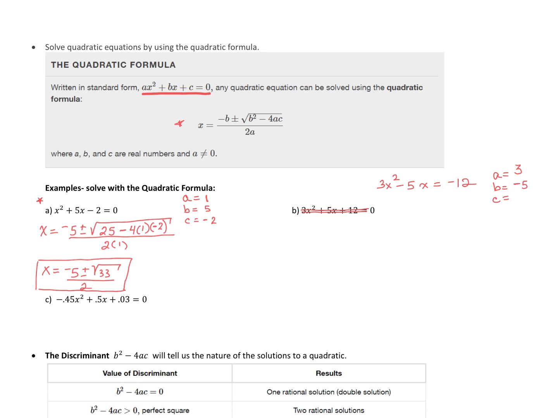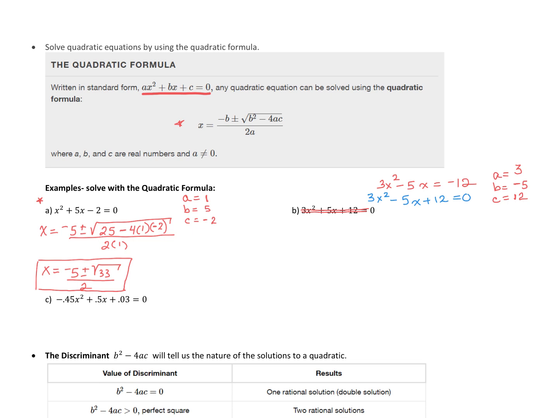Oh, I can't identify my c yet. The first thing that we should do is set this equal to 0. So 3x squared minus 5x, we'll add 12 to each side and set it equal to 0. Once it's set equal to 0, I can then identify that c is 12. So be careful with that.